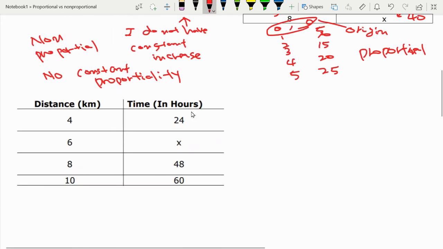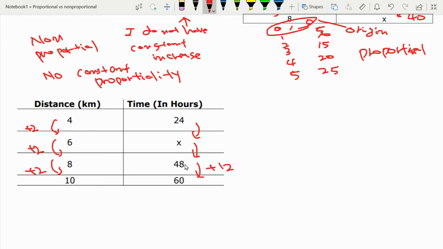Okay, let's find out the pattern again. So 4 becomes 6, I'm adding 2. 6 becomes 8, I'm adding 2. 8 becomes 10, I'm adding 2. For 48 becoming 60, I am adding 12, right? So I'm adding 12.